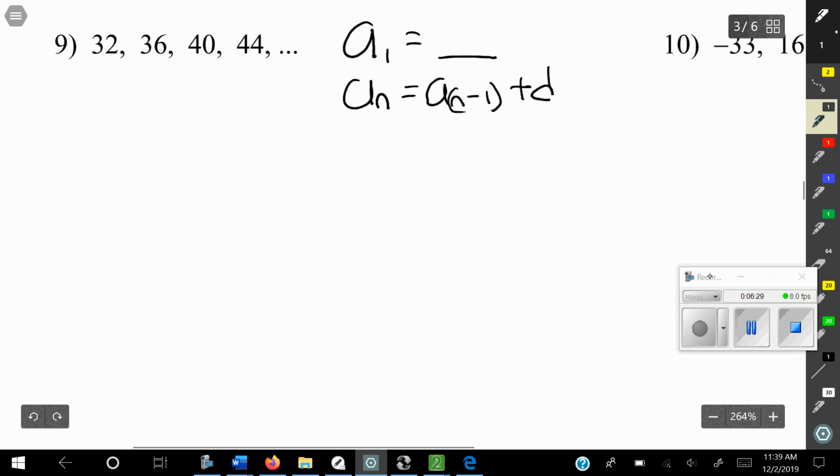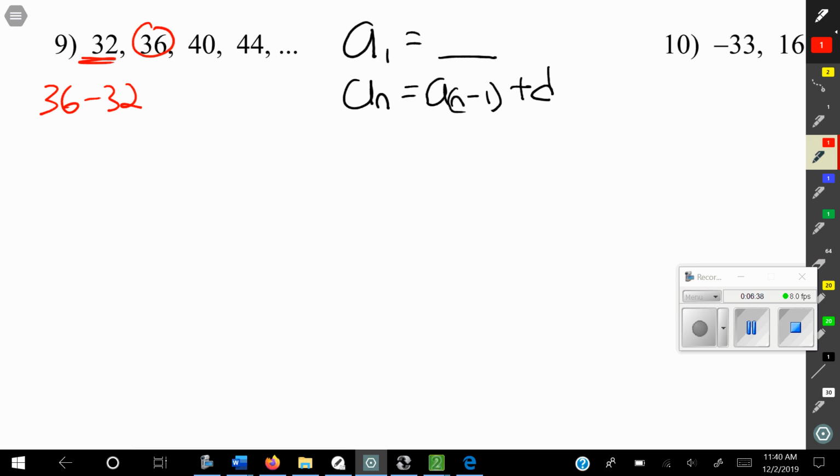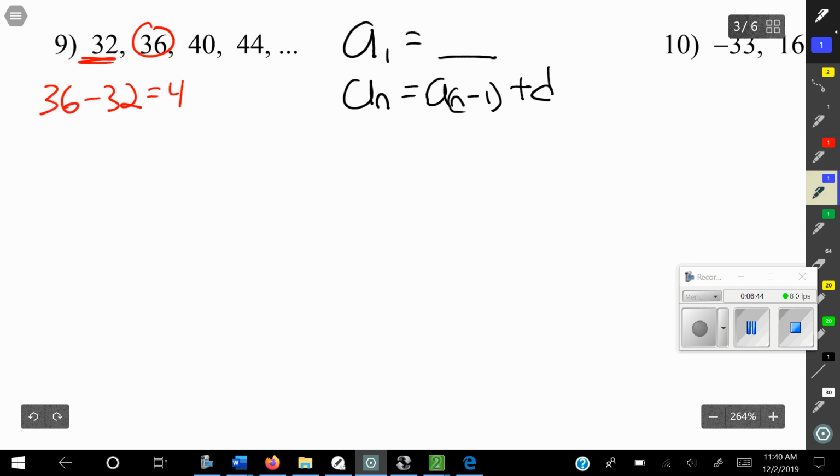So I'll take the second term and subtract it from the first term. 36 minus 32. And that's going to give me 4. And then I'm going to take the third term and subtract it from the second term.